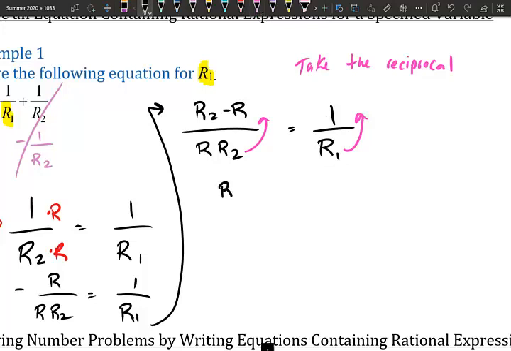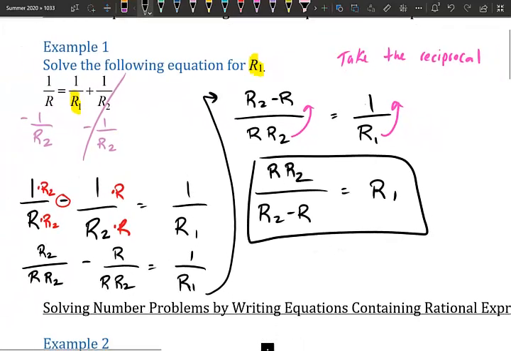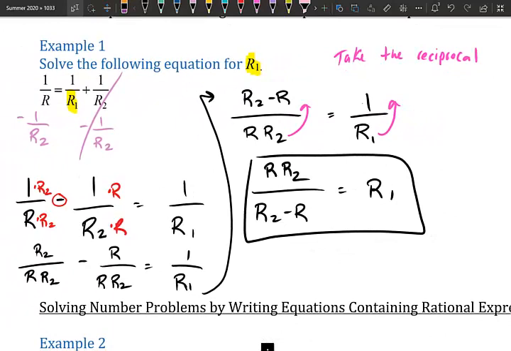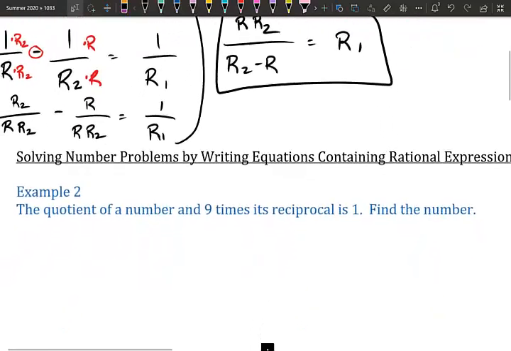So now we have r2 over r2 minus r equals r1. This example, maybe watch it again. Just saying. Maybe.